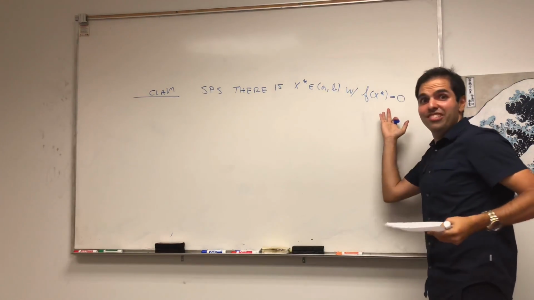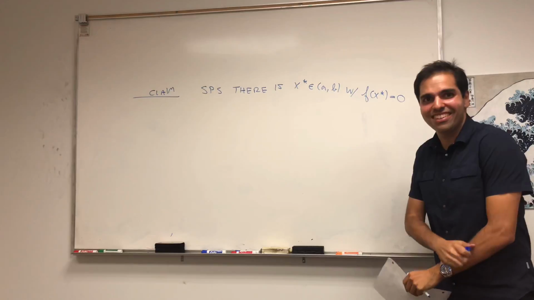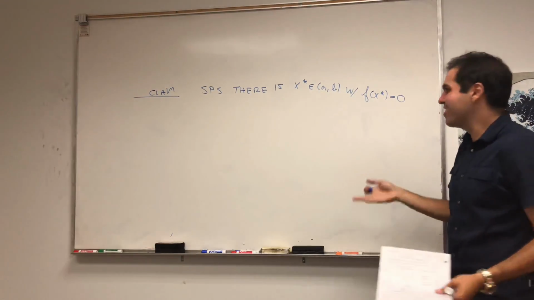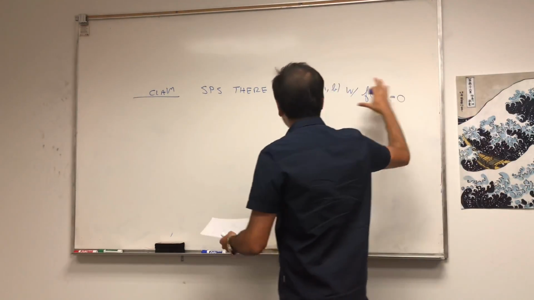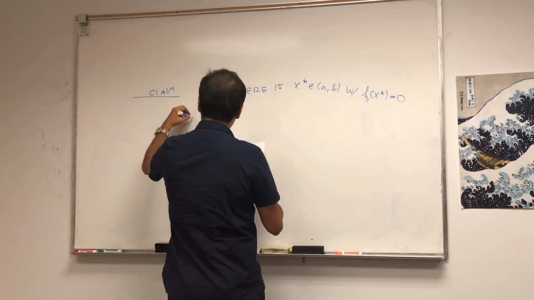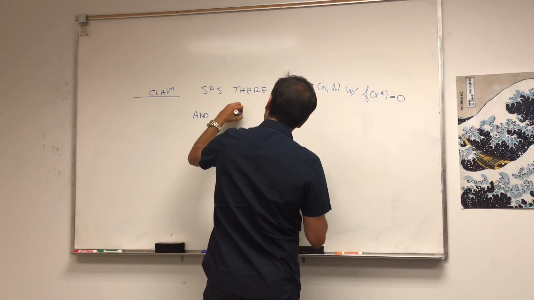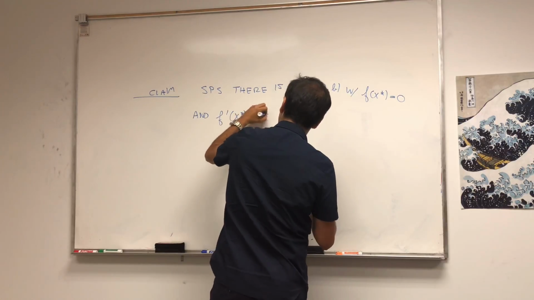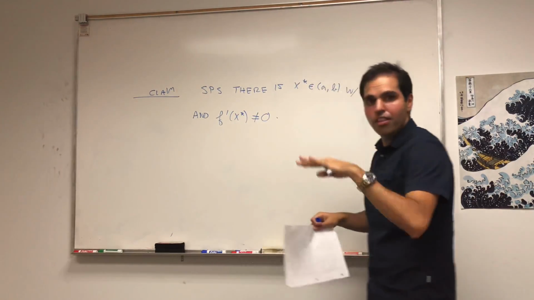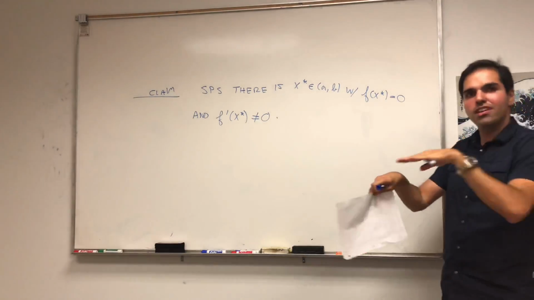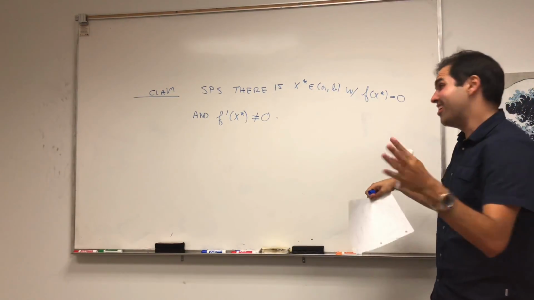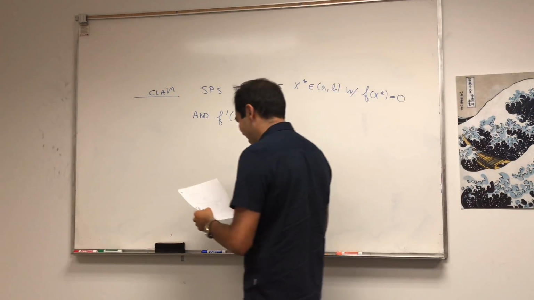Of course, if there's no 0 of this function, there's no hope that this algorithm would work, right? So suppose f has a root, and that root satisfies that the derivative at that root is non-zero. Otherwise, we might have problems where the tangent line is almost horizontal, and we also don't want that.